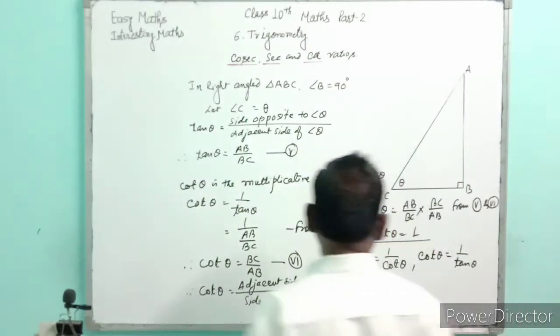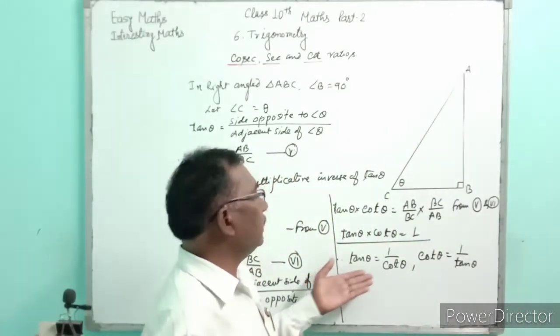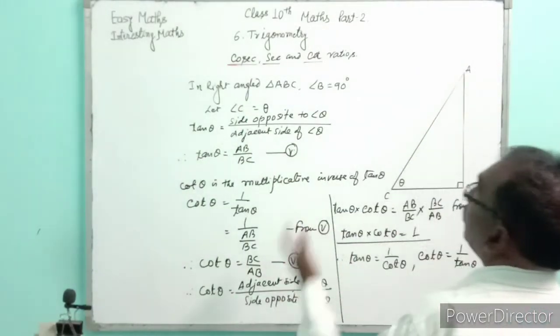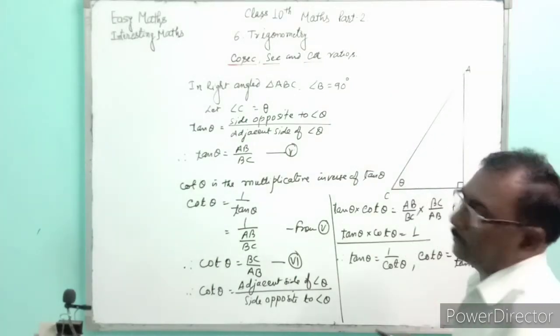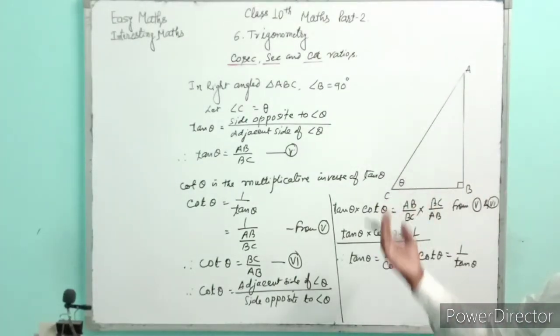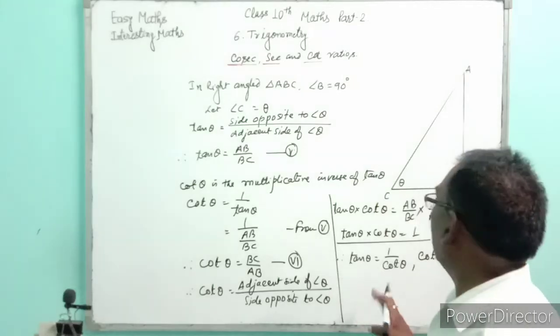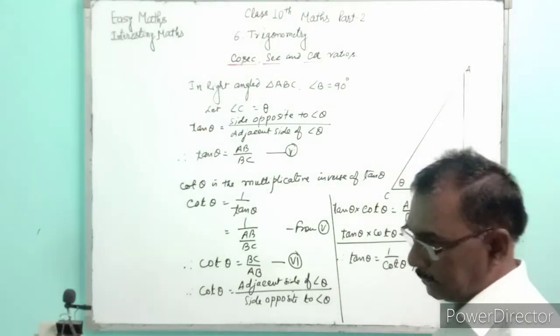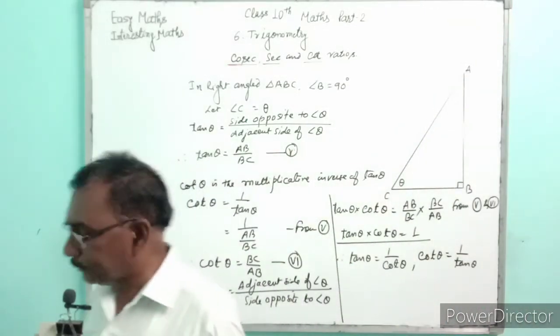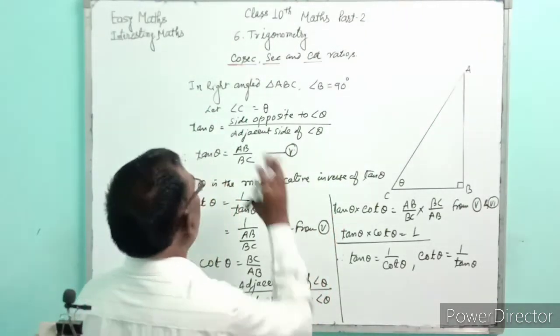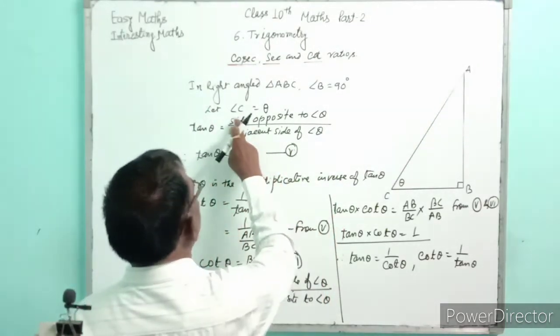So, we have seen the relation between sin theta and cosec theta, cos theta and sec theta, tan theta and cot theta. We can write here C also.